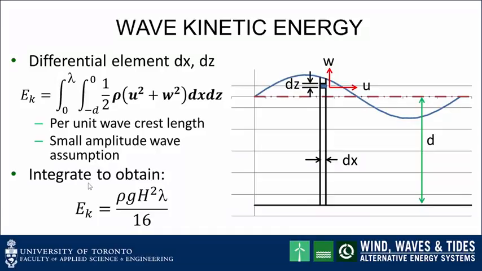Leaving out all the details, I just want to give you some idea of how this is calculated. We find that the kinetic energy is rho g times the wave height squared times the wavelength lambda divided by 16.